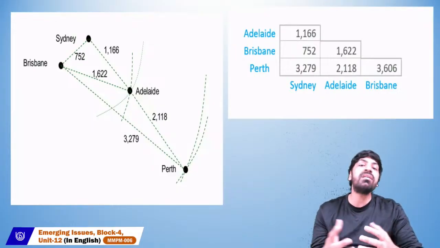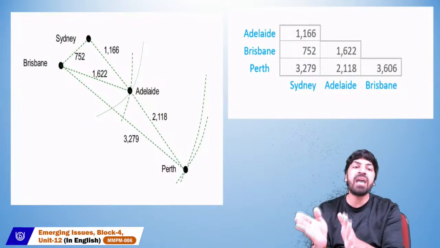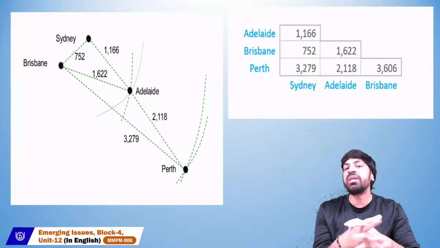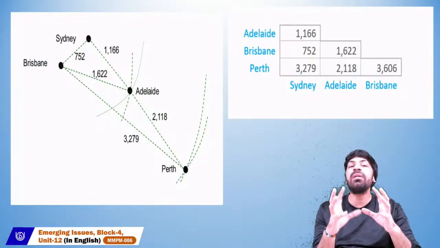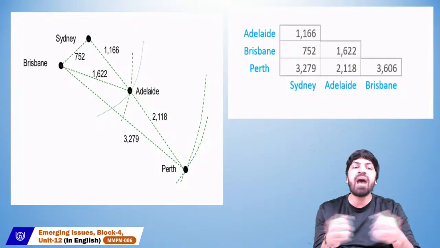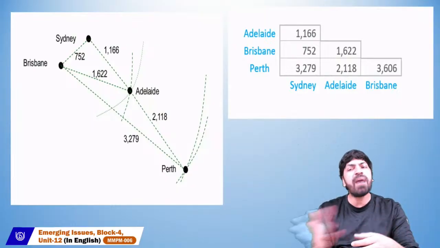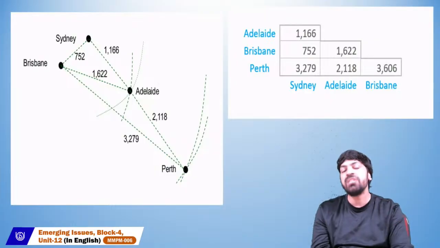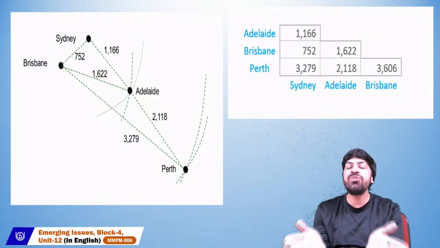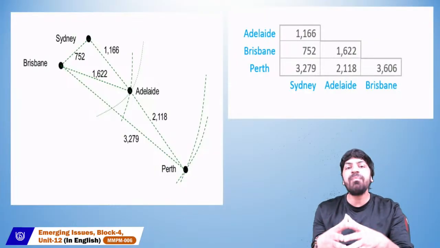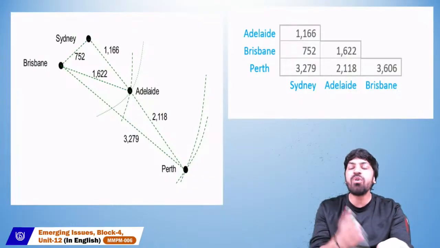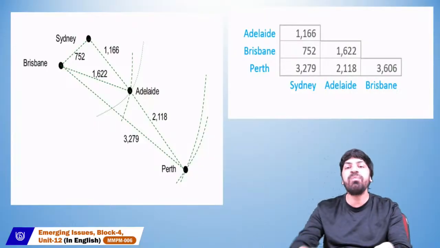In the SPSS software, we just put this data and the name of the tool, conjoint analysis or multidimensional scaling, and ask it to draw the diagram. Automatically, the SPSS software draws this diagram immediately. This is how we can draw different cities or different products based on their attributes.